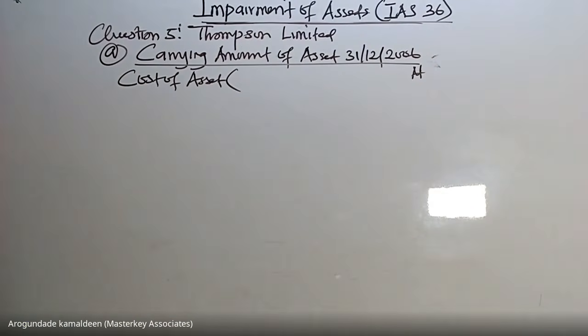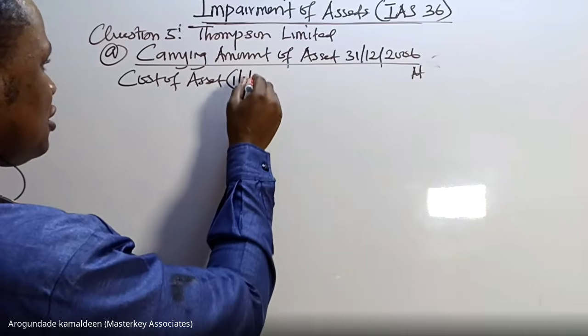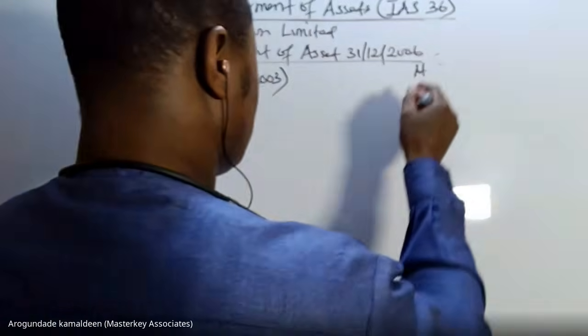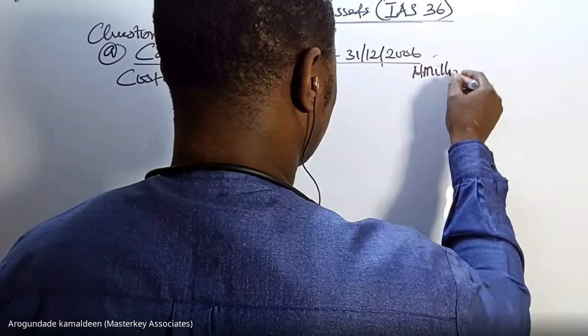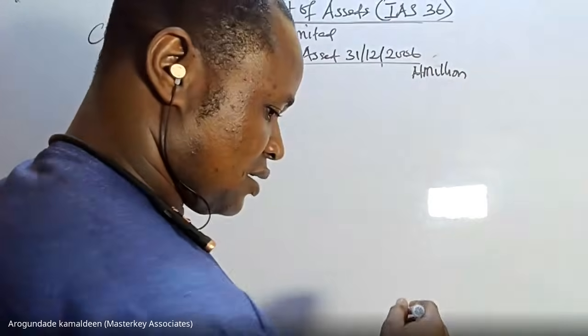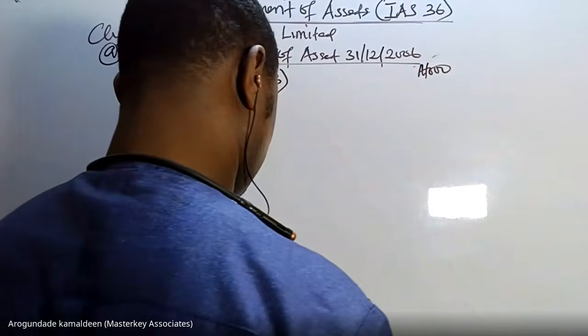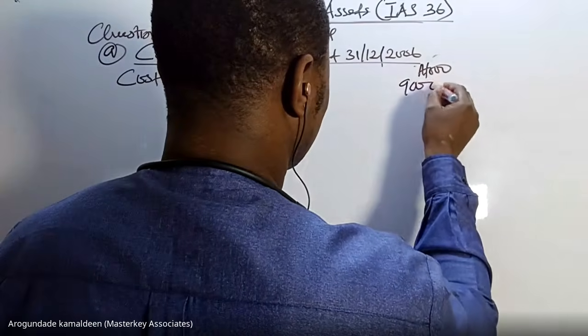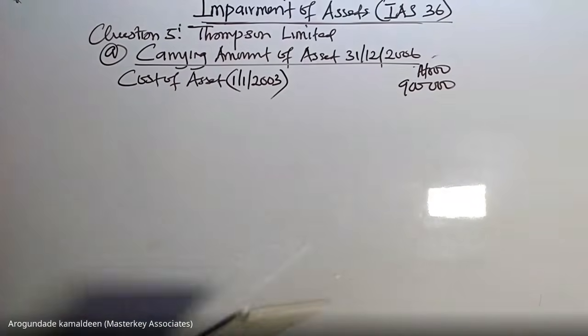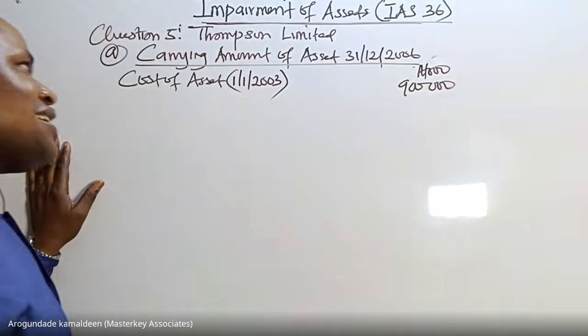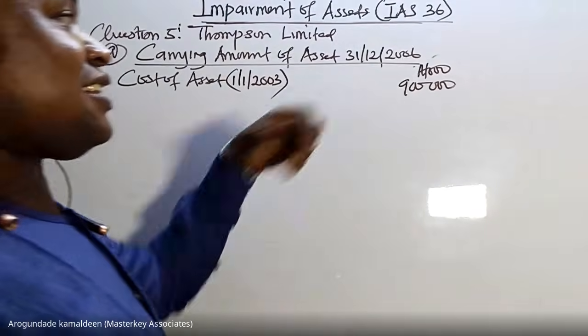Check now. When did you actually buy it? Say 1st January 2003. Let's say it cost you 900 million. Now, when you bought this thing, it costs this, and you are asked to find the carrying value as at this date.